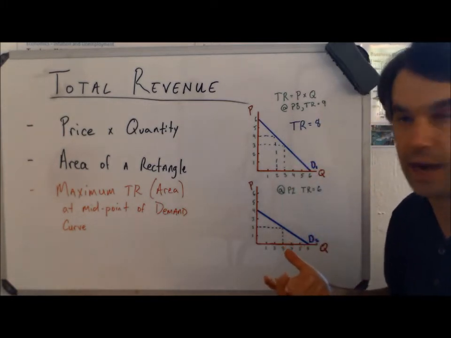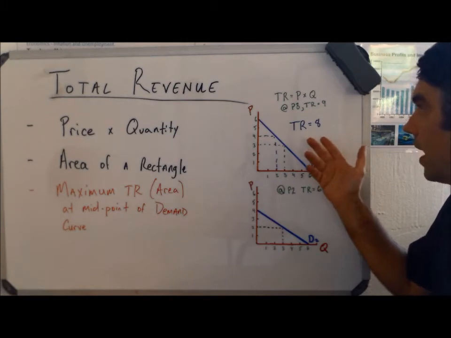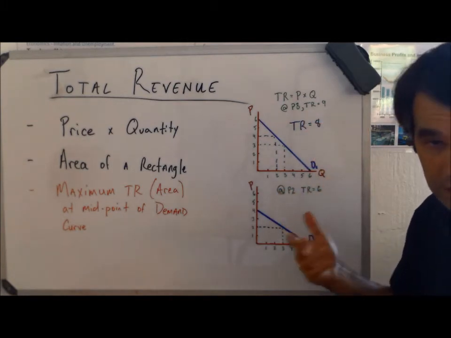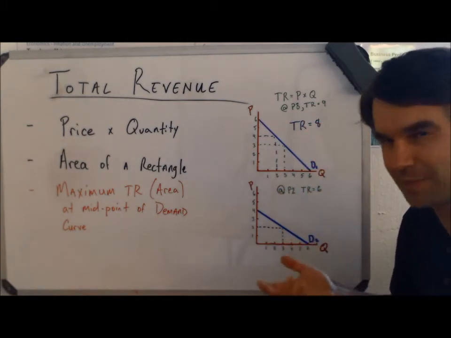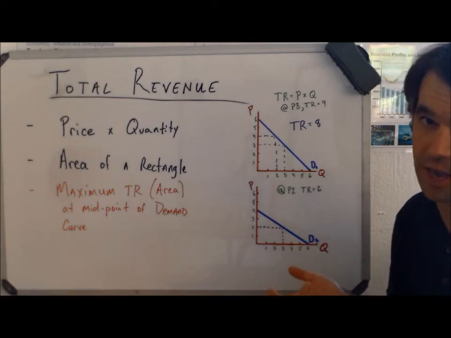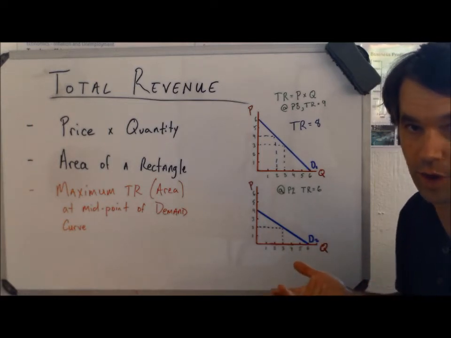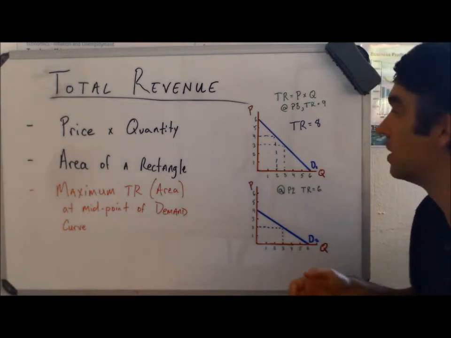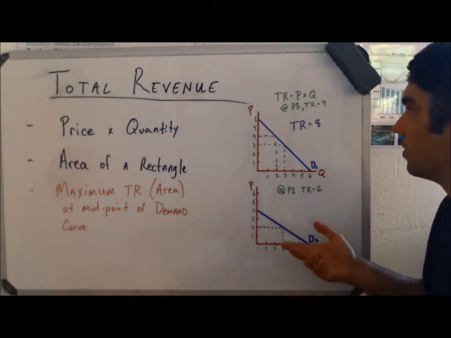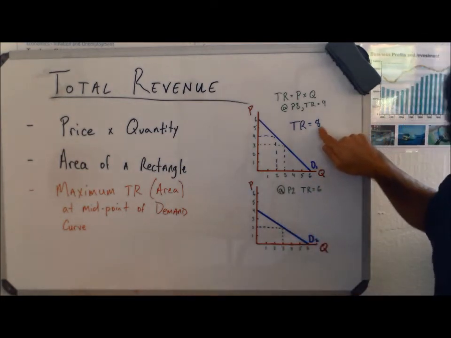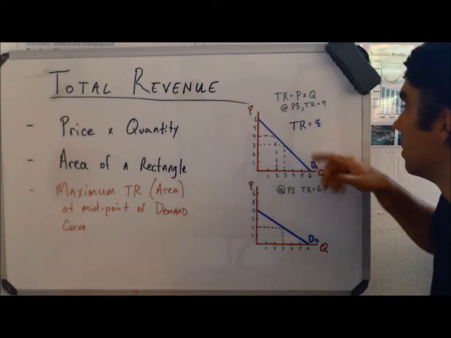So based on that, we can see that it would be better for the producer in terms of total revenue. Keep in mind, we don't know anything about cost yet. We're just talking about total revenue, so we can't say profit. But in terms of total revenue, obviously 9 is a better number than 8.